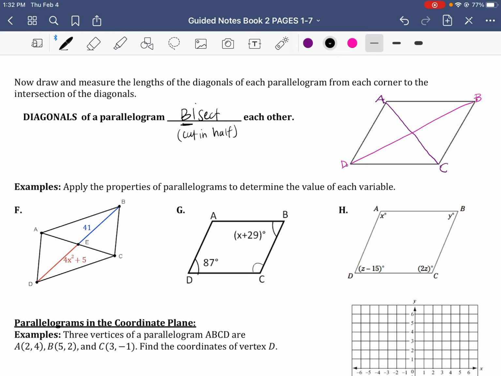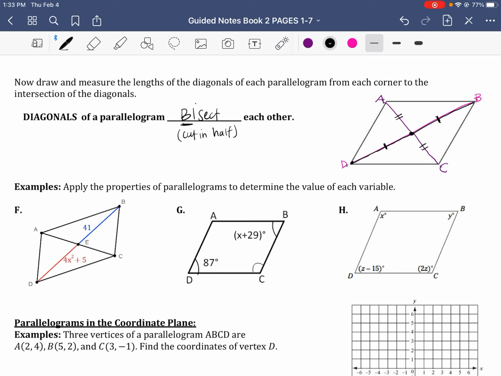For example, on my diagram, if I have D and I'm looking at from D to this middle, that length would be the same as from the middle over to B. Same thing if I'm looking at A to the middle, that length would be equal to the middle out to C. So those two pieces would be equal.